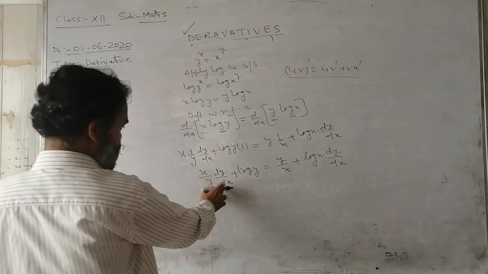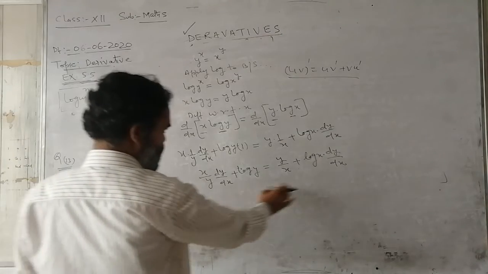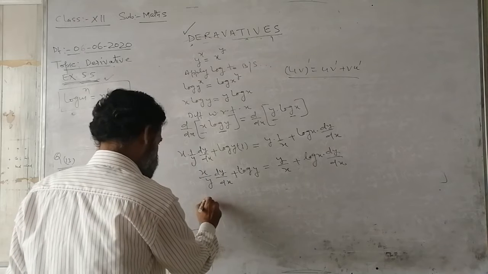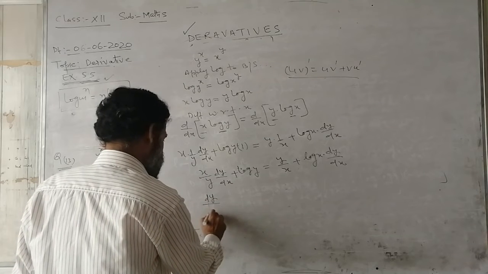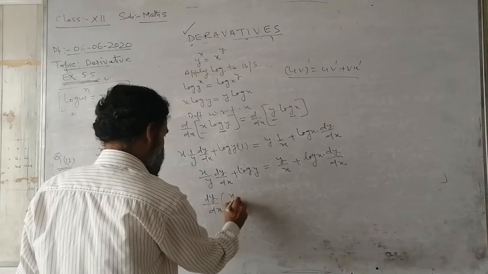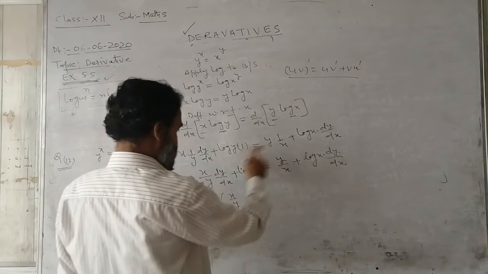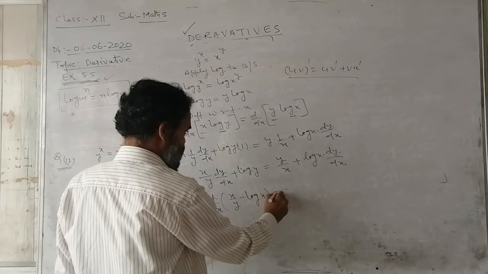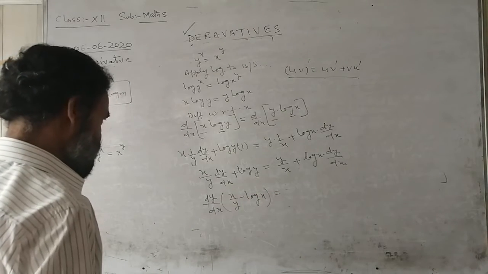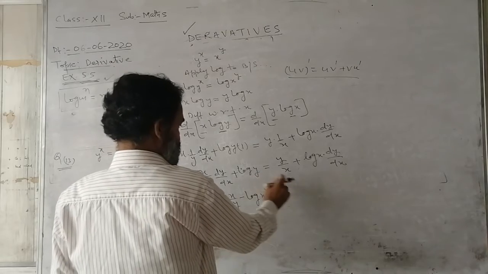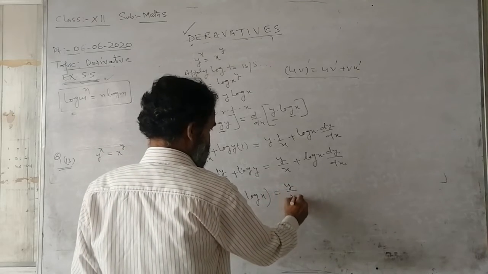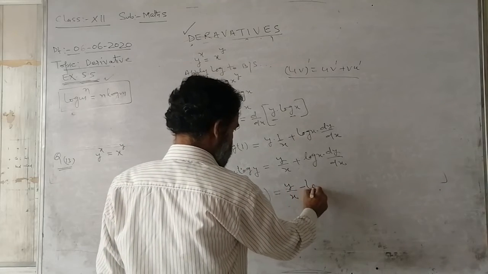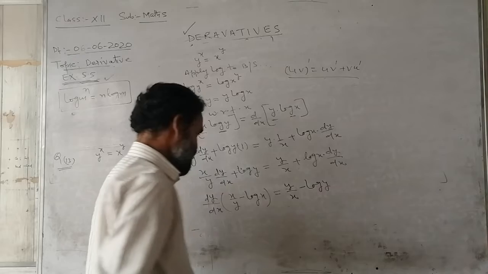Now dy upon dx is on the left hand side and on the right hand side also, so I can transfer this to this side. So that means dy upon dx x upon y, and if I transfer this to this side, this will be log x. This will equal, the same way y upon x is already on the right hand side, so if I transfer this, this will be minus log y.